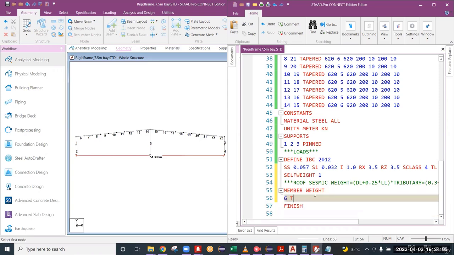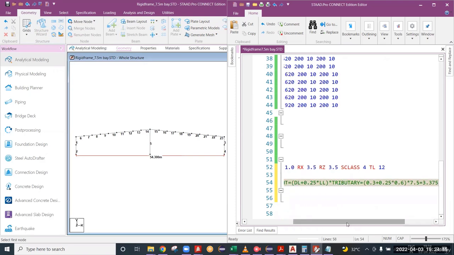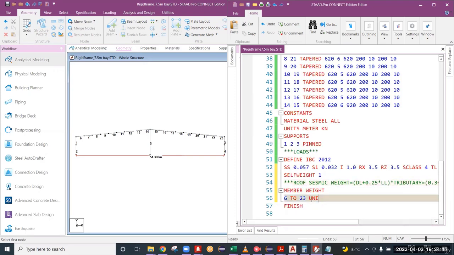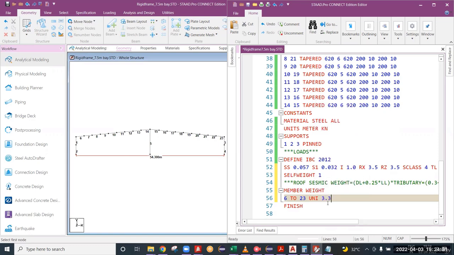So 6 to 23 UNI, uniform load, because it is a UDL. The UDL will be mentioned in the command like UNI, uniform force. We will not tell the direction here itself, just mention UNI space value. What is the value here? 3.375. We have calculated 3.375.